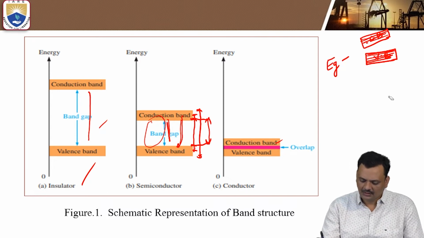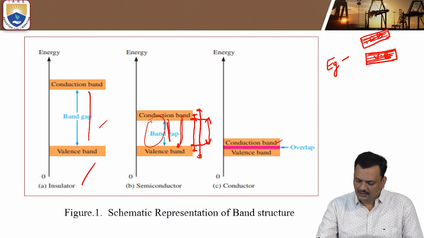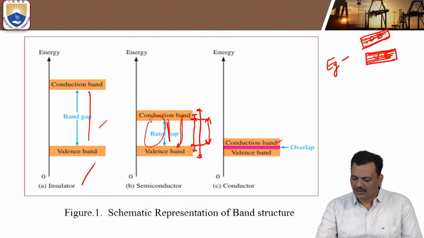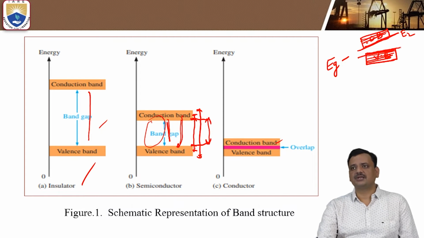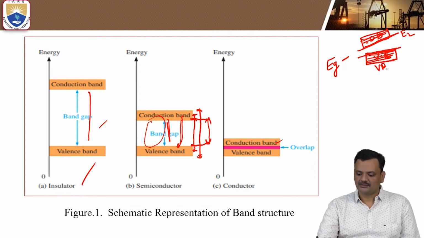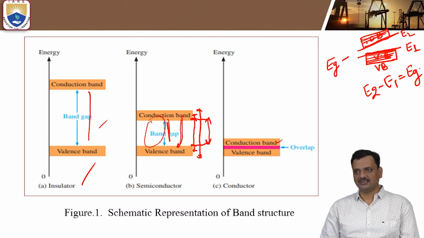So the difference between the lowermost energy level in the conduction band, suppose this is E2, and the uppermost energy level in the valence band, suppose this is E1. So E2 minus E1 gives the energy band gap value EG.